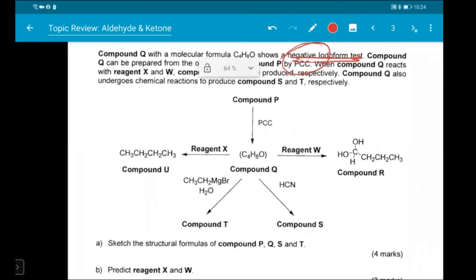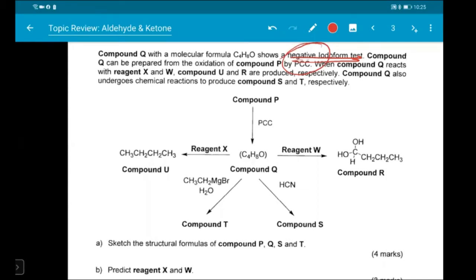Compound Q can be prepared from the oxidation of compound P by PCC. Alright, actually ni tindak balas dia tolong lukis. Kalau tak bagi tahu, korang kena lukis sendiri ni. Okay, compound P, PCC. Guys, tolong bagi nama tindak balas apa ni? Compound P using PCC kepada compound Q. Pantas.